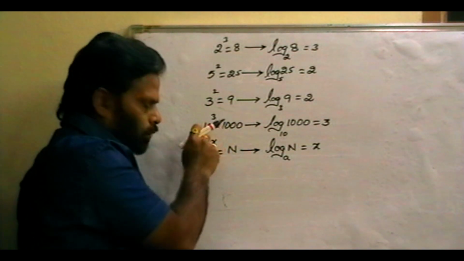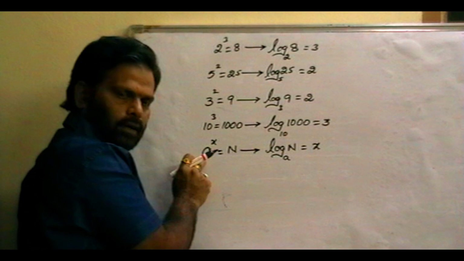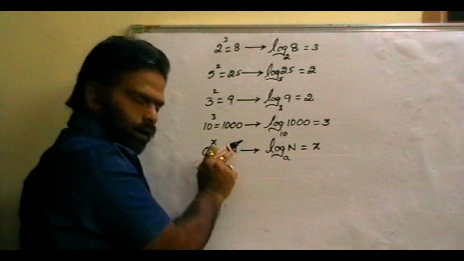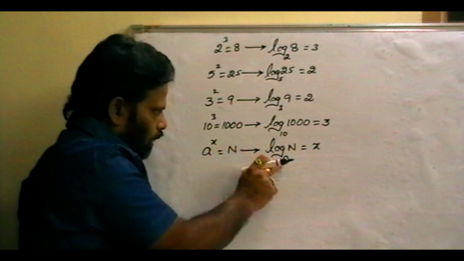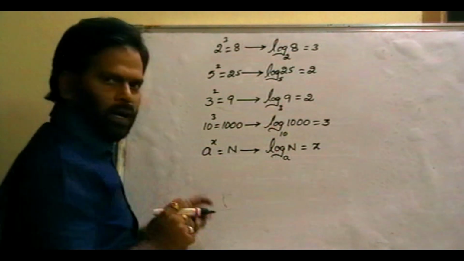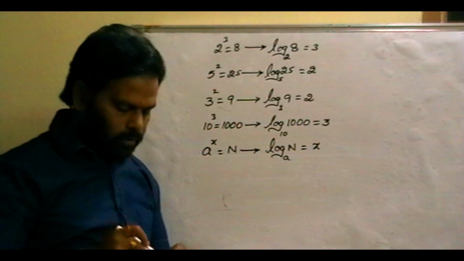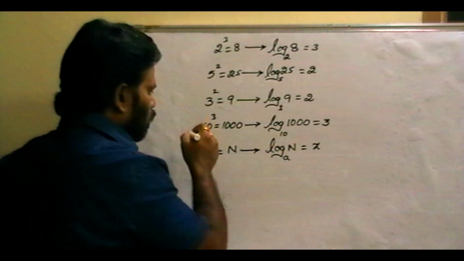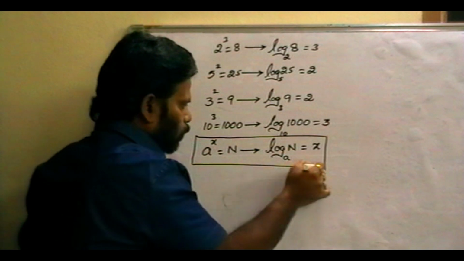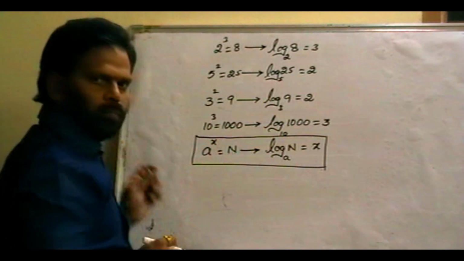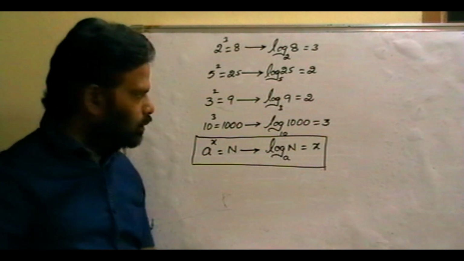Now to change into logarithmic form, log n to the base a is equal to the value of power x. Right? This is one of the main important points, that means the exponential form to logarithmic form.